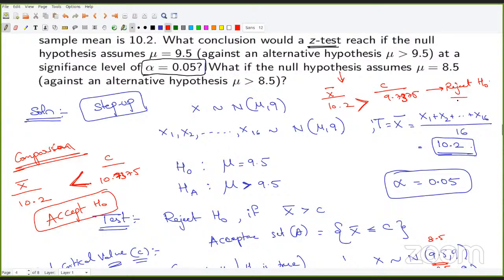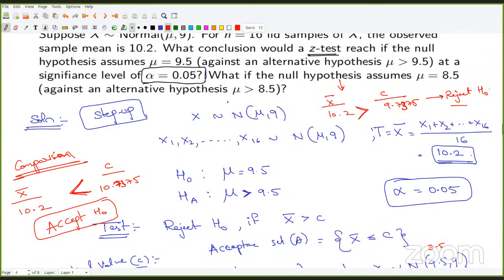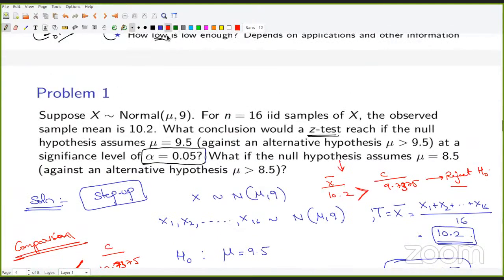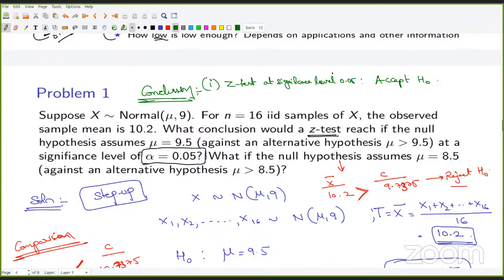So the final conclusion for the first part is: Z test at significance level 0.05, we accept H0.